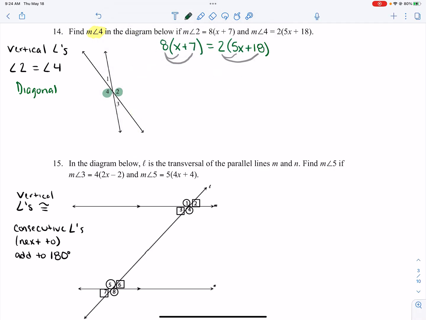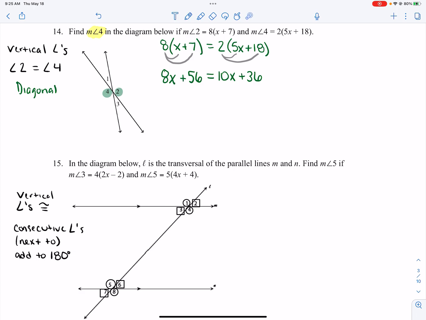A lot of you are still only doing it to the 1. So 8 times x is 8x. 8 times 7 is a positive 56. Bring down my equal sign. 2 times 5x is 10x. And 2 times 18 is a positive 36.